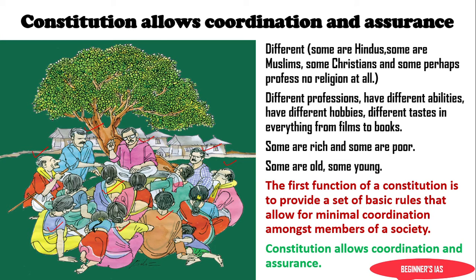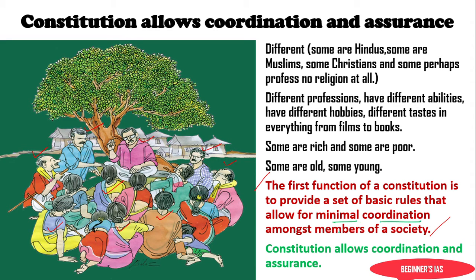So here it talks about the first function of the constitution, which is to provide a set of basic rules that allows for a minimum coordination among the members of the society. So kindly note down.